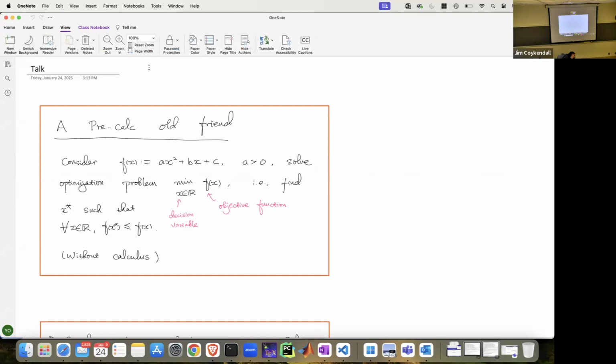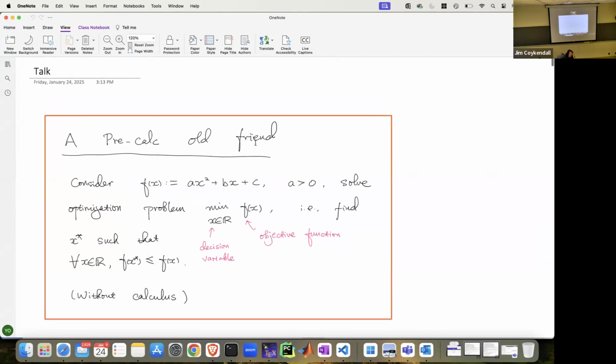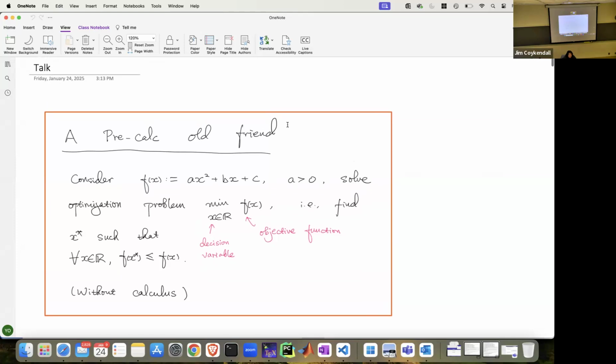So the talk today is going to be really straightforward, mathematically. Coding-wise, it requires a little bit. We're going to see how it goes. But the mathematical part is pretty straightforward. We start from an old friend. You've seen that previously in precalculus.